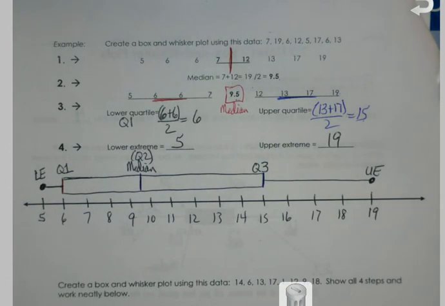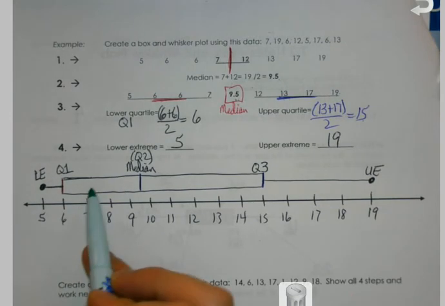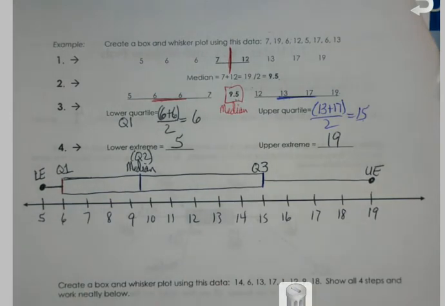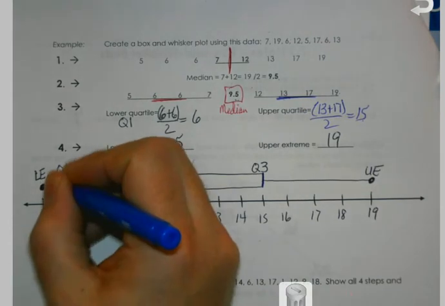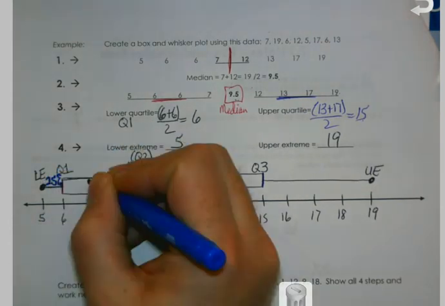But here's what I want you to remember out of this. Remember, this is my data being cut into 1, 2, 3, 4 pieces. And even though they're different sizes, those 4 pieces each are going to have 25% of the data in them.